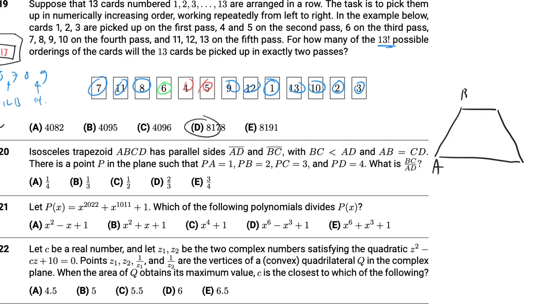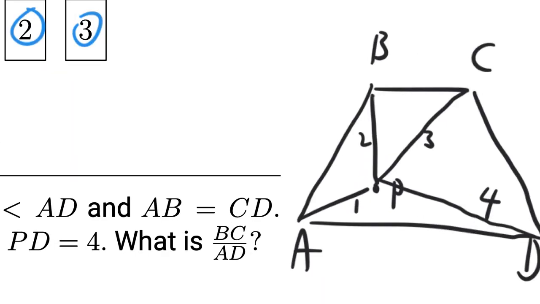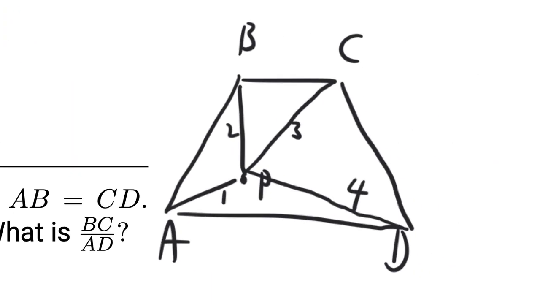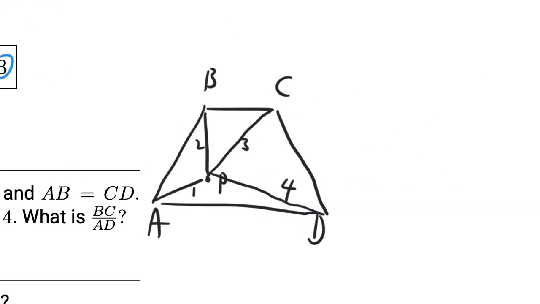A, B, C, D. There's a point P so that PA is 1, PB is 2, PC is 3, and PD is 4. Then we want BC over AD. So let me zoom into this diagram. It's actually fairly ugly. And we want BC over AD. We also know that these two sides are the same. It's an isosceles trapezoid.